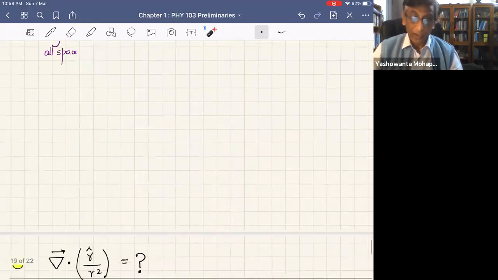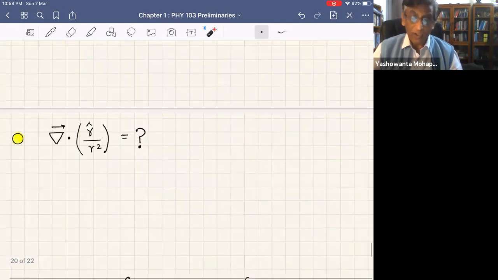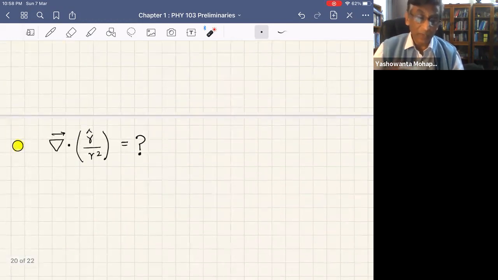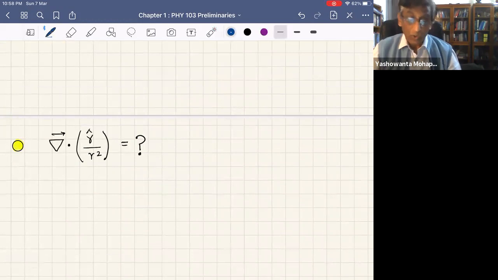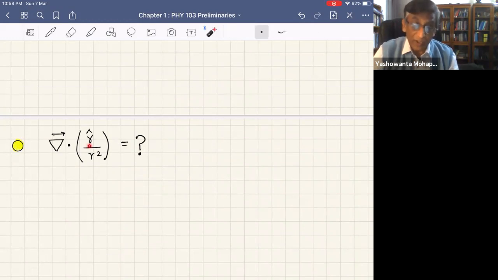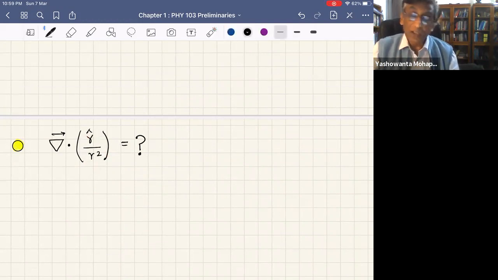One of the relevant things that we need to do is to find the divergence of this. And we know the importance of such functions, right? In electricity and magnetism, in gravitation, all our force functions are 1 by r squared. We're not dealing with force at the moment. How does this function actually look geometrically?